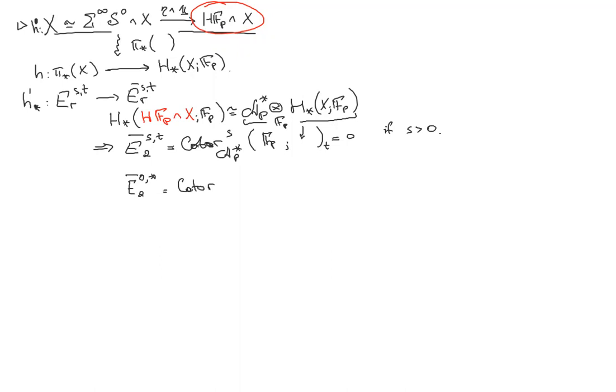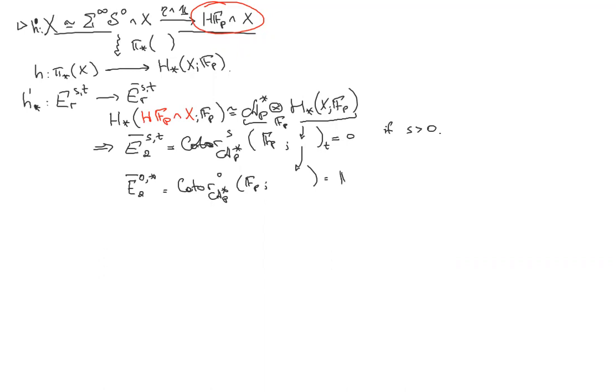So this is the quotient over A_p star of 0 from F_p to homology is just homology. Sorry, so it should be the right one.